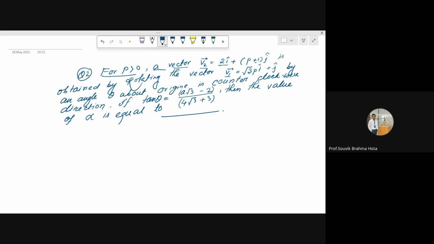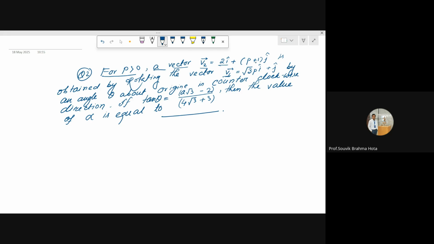So which one gets rotated? v1 gets rotated. Then you will get v2, and v1 and v2 representations are given, and v1 is rotated by angle theta about the origin, counterclockwise, anti-clockwise.